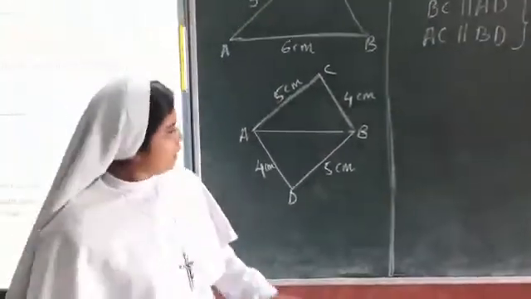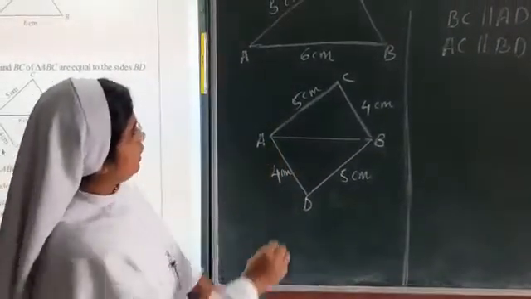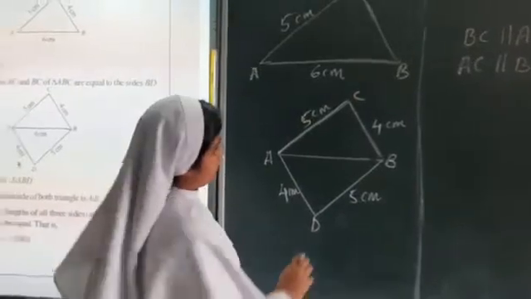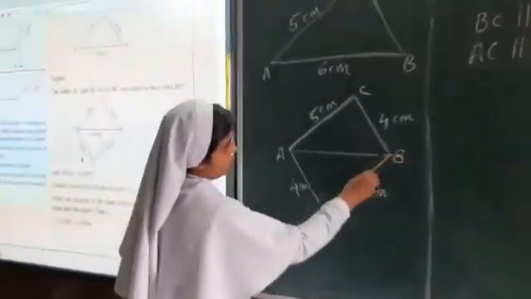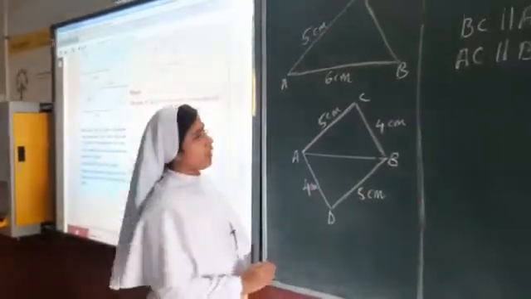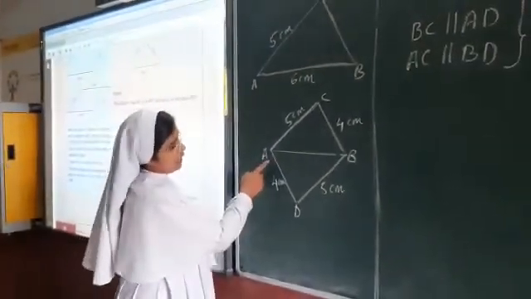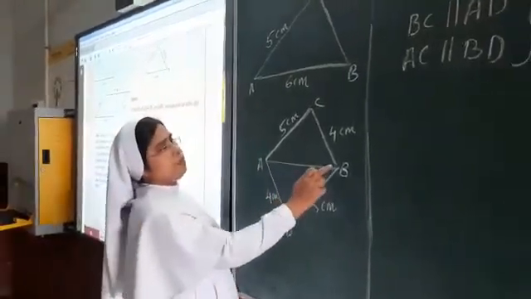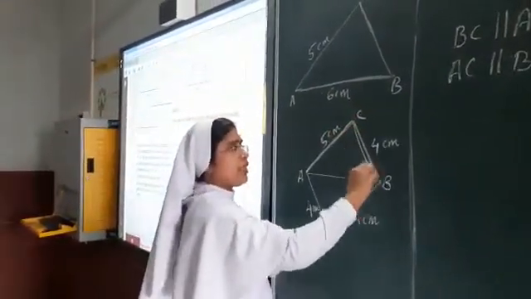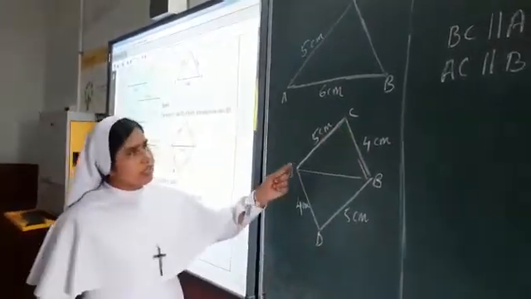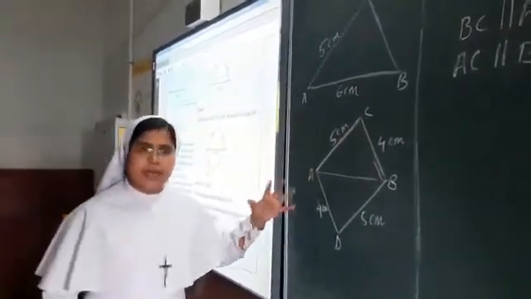Why so? Look at this picture. AC is equal to 5 cm and BD is equal to 5 cm, so they are equal. And AD is equal to 4 cm and BC is equal to 4 cm. Again, they are equal. So the question is whether they are parallel.